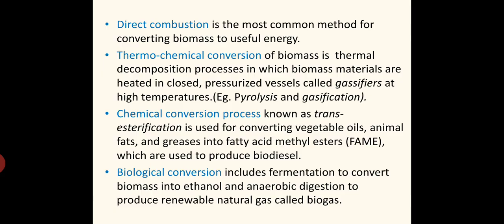But if you go for thermochemical conversion, then the product obtained will have a much higher heat content, or simply we can say that from the raw biomass we eliminate all the waste products which are not helpful for combustion, and finally a combustible form like charcoal is made out. That is what is known as thermochemical conversion.